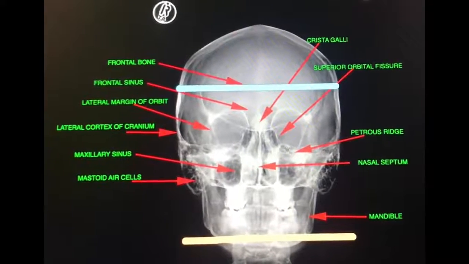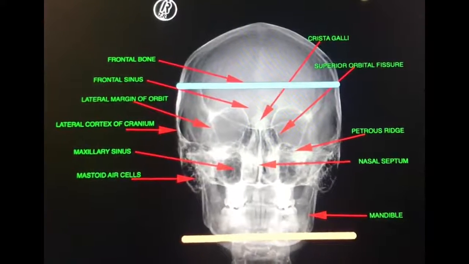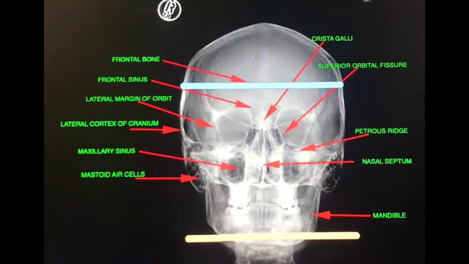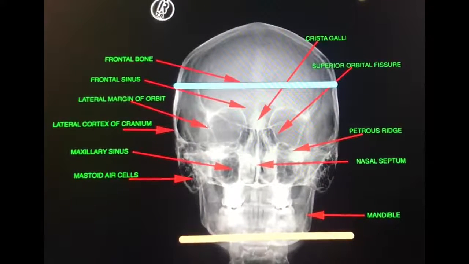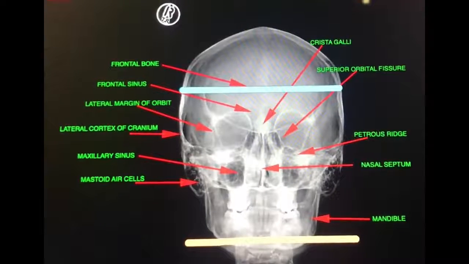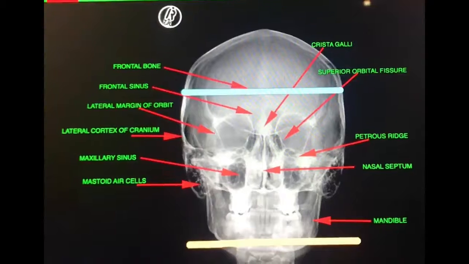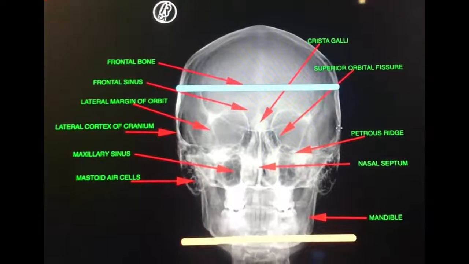Okay, in terms of rotation, there is no rotation when you have an equal distance from the crista galli to the lateral margin of the orbit on both sides. Also, the distance from the lateral margin of the orbit to the lateral cortex of the cranium should be the same distance on both sides.